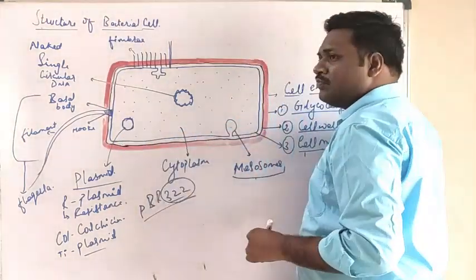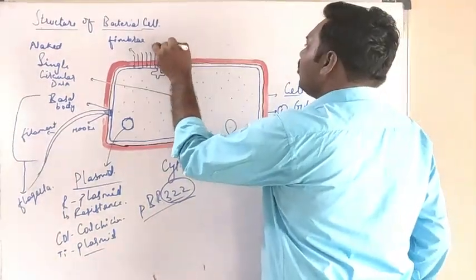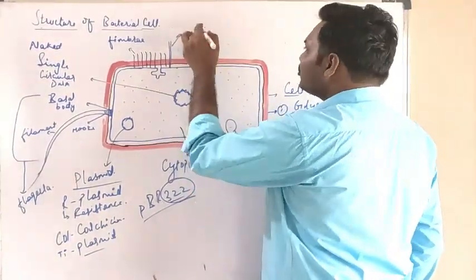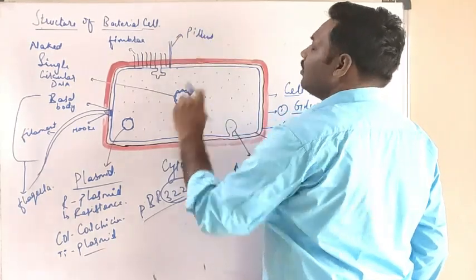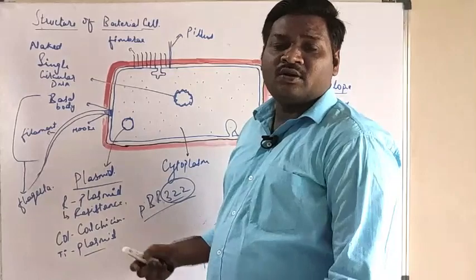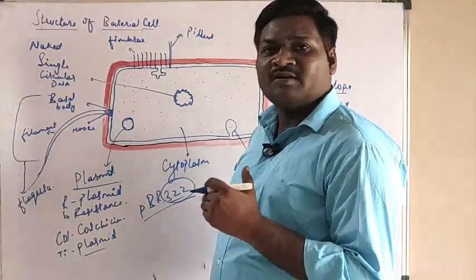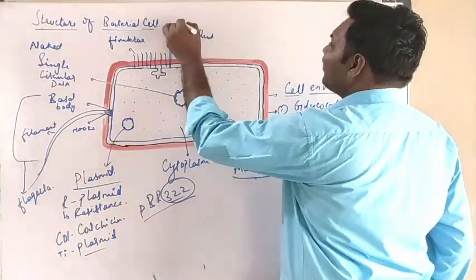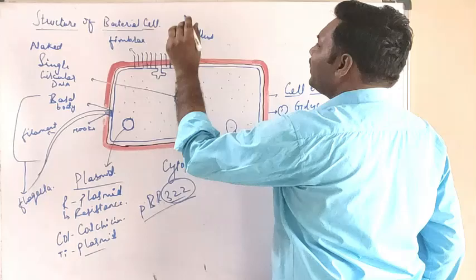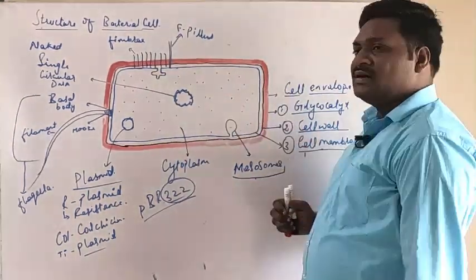And if the pili are elongated and single, we can call it a pilus. That is the sexual organ and helps in the formation of conjugation type of reproduction. It can also be referred to as the F pilus. So that is about the bacterial cell.